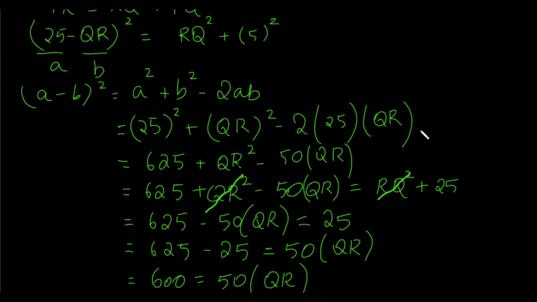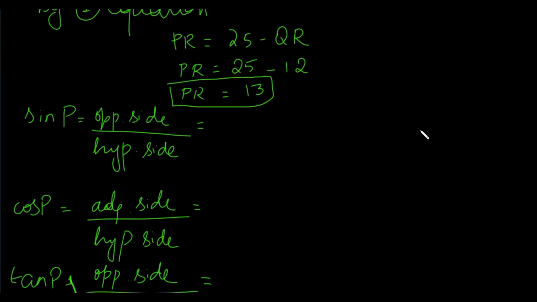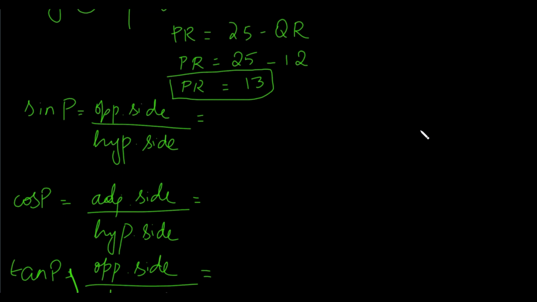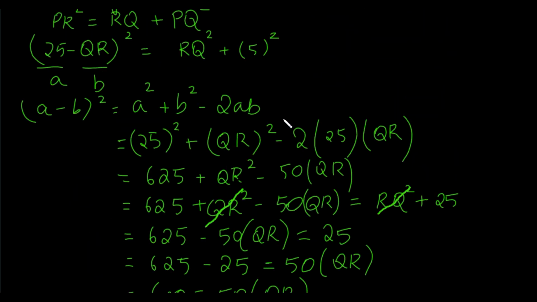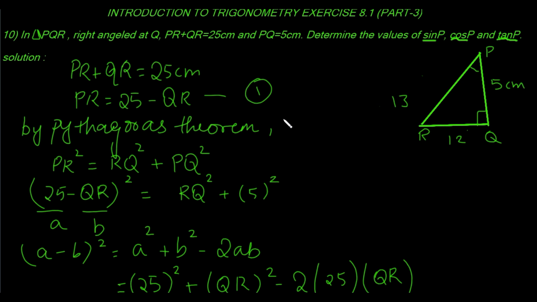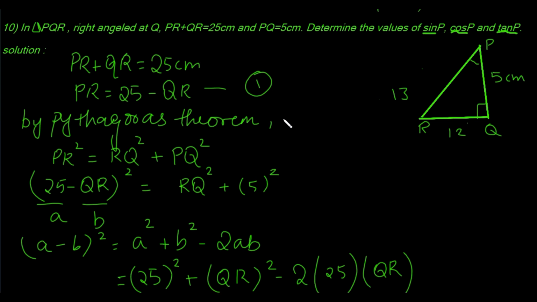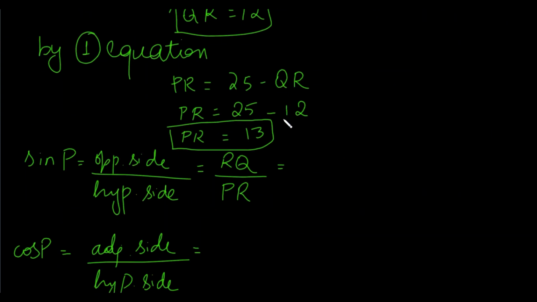So let's write it. RQ divided by the hypotenuse side, that is PR. So now let's just substitute the value. So RQ is 12 and PR is 13, so it's going to be 12 divided by 13.